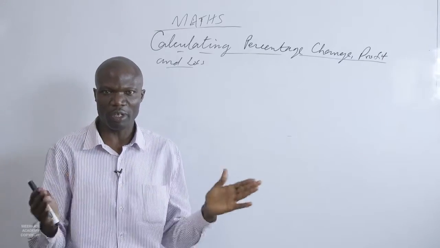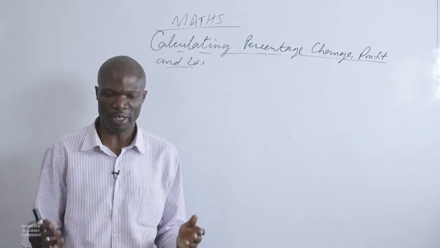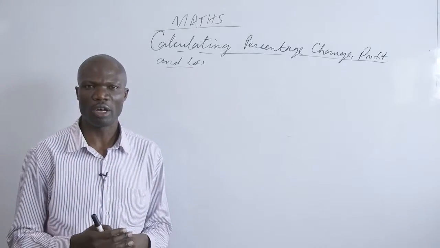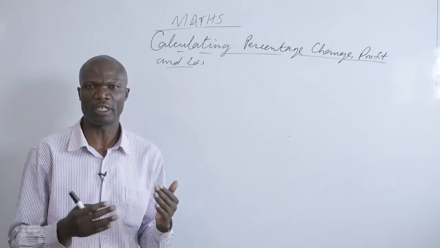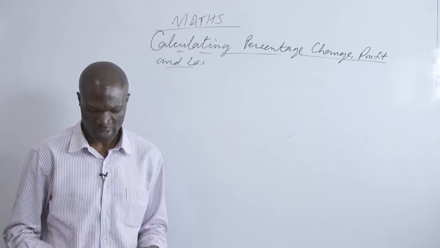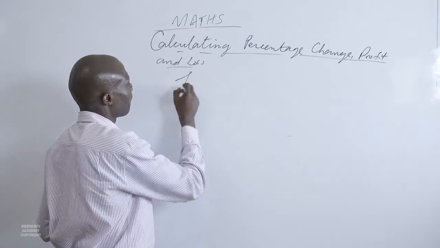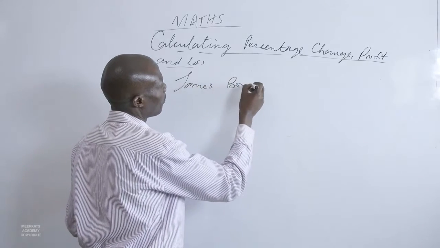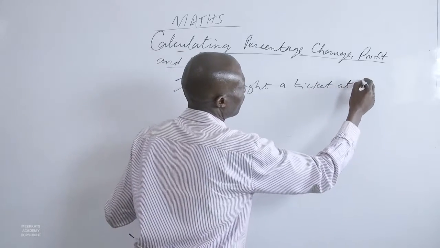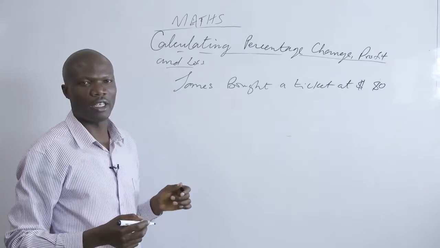Now, I want to look at a very simple approach. We have a friend who chooses to go to the cinema, and he buys a ticket. James bought a ticket at $80.